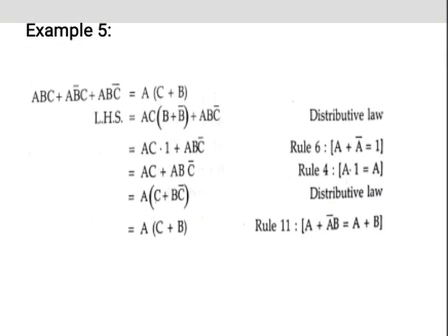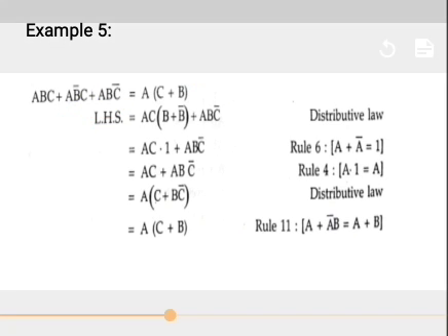Next example, show that ABC plus AB complement C plus ABC complement equals A into C plus B. You know the LHS equals this one. So I am taking the common AC in these two equations.